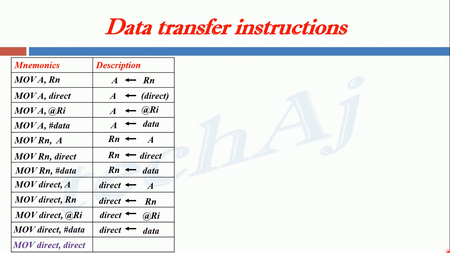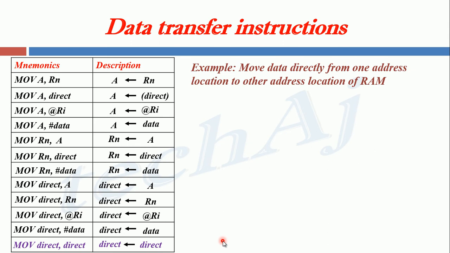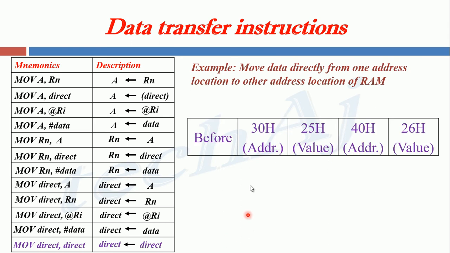Next instruction is MOV direct, direct. Here, both the source and destination operands are direct memory addresses. So whenever this instruction is executed, the data is copied from one memory location to another memory location. For example, suppose we have the address 30H. At this address location, we have the value 25H.